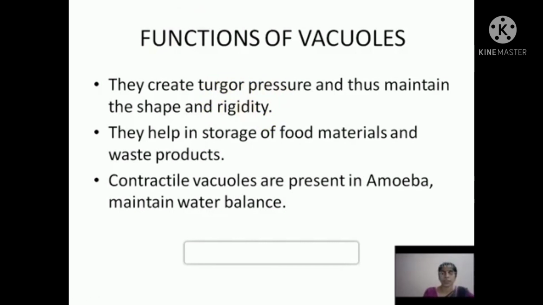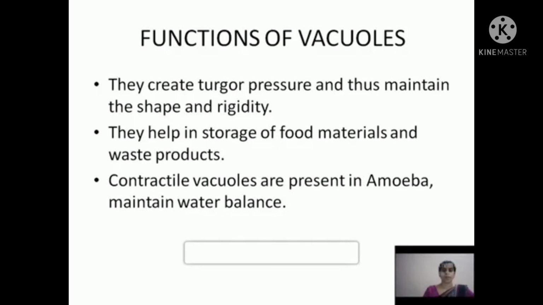Turgor pressure is the force within the cell that pushes the plasma membrane against the cell wall. In plants, this entails water moving from the low solute concentration outside the cell into the cell vacuole. This is known as turgor pressure. I hope all of you understood this.